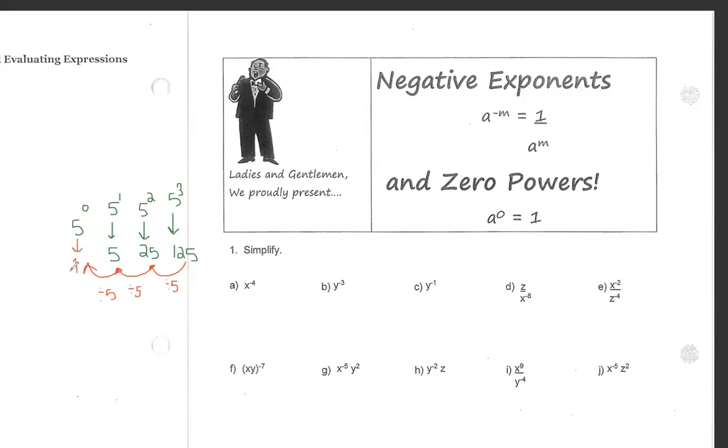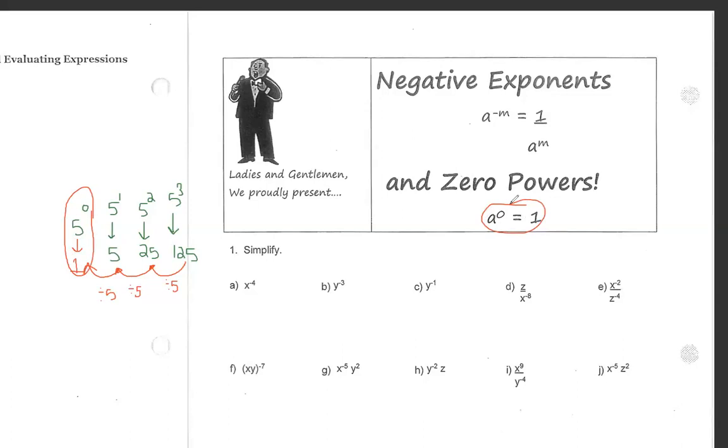So following this pattern shows and proves the rule that anything taken to the 0 power is always 1. Everything in the world that you could take to the 0 power. 175 billion trillion zillion to the 0 power is 1. X to the 0 power is 1.